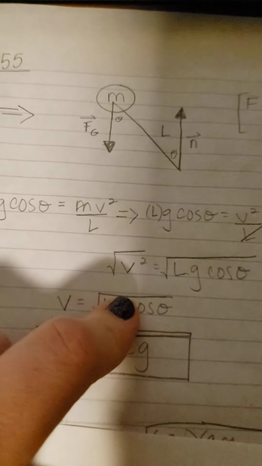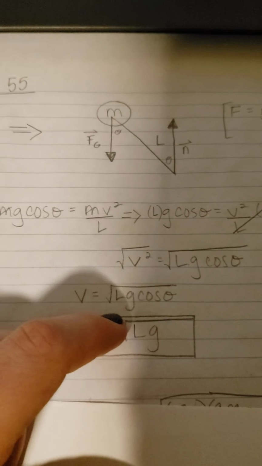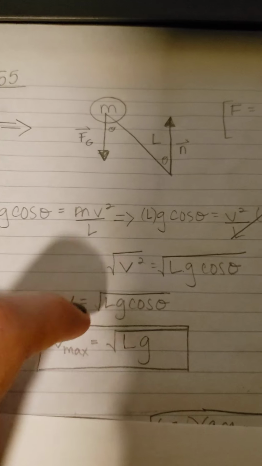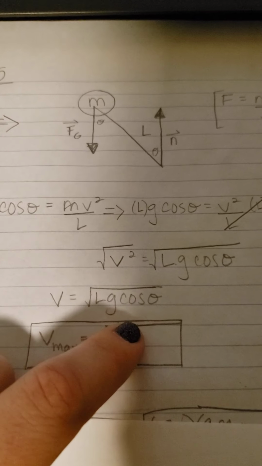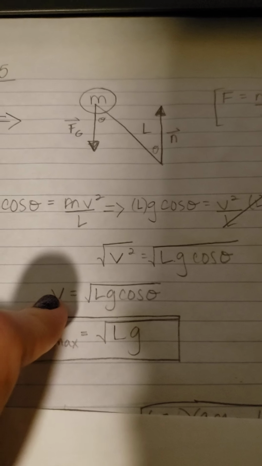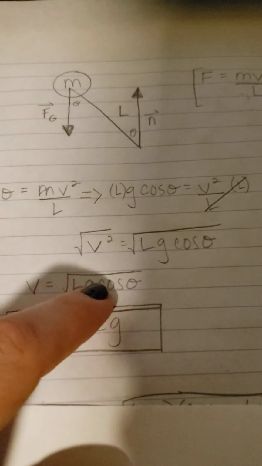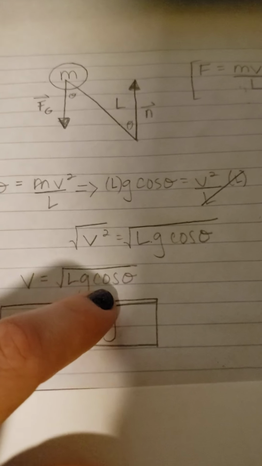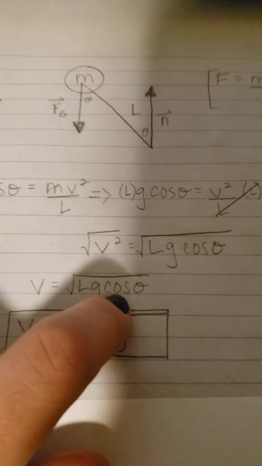So we take the square root of v. I got a little bit stuck here because I didn't know how we would find the maximum velocity, but after digging around a little bit, I found that to find that maximum velocity, we want to set our cosine function to its maximum, which is the cosine of 0 degrees, equal to 1.